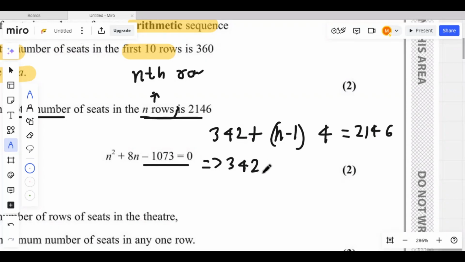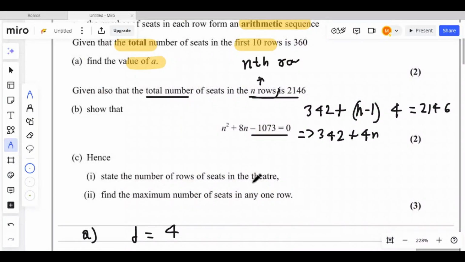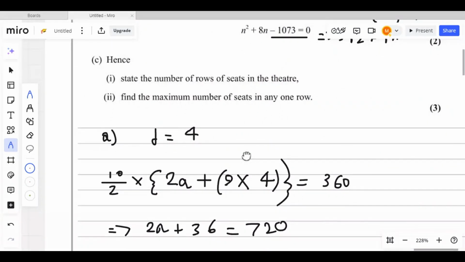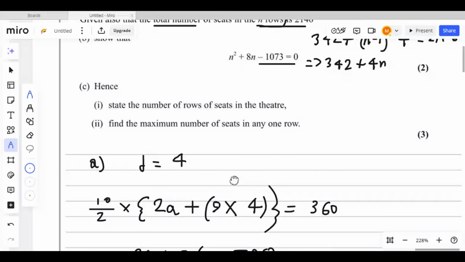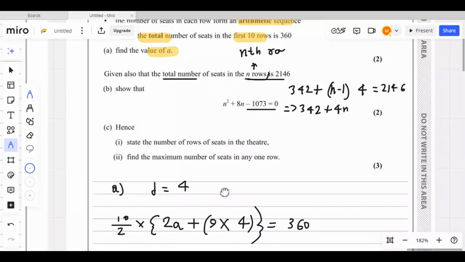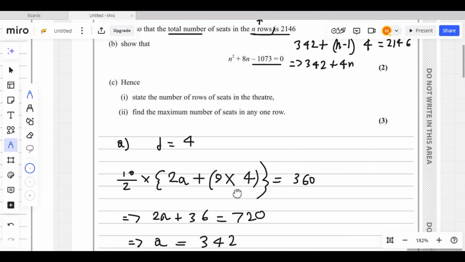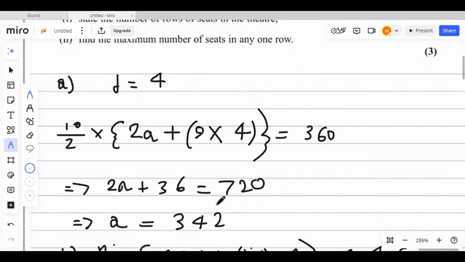So 342 plus 4n. If you consider the nth term, then you won't get n squared. The mistake was there.